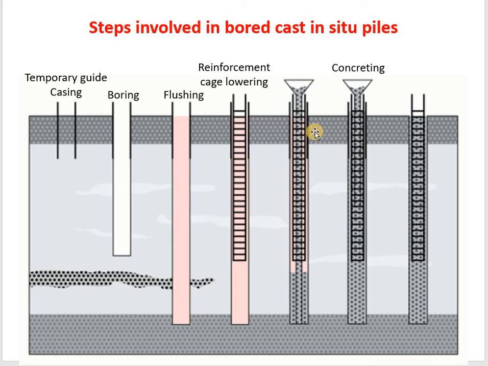After filling the concrete, you wait for curing, and you do the integrity tests after the concreting is done. That is the entire process involved in the bored cast in situ pile.